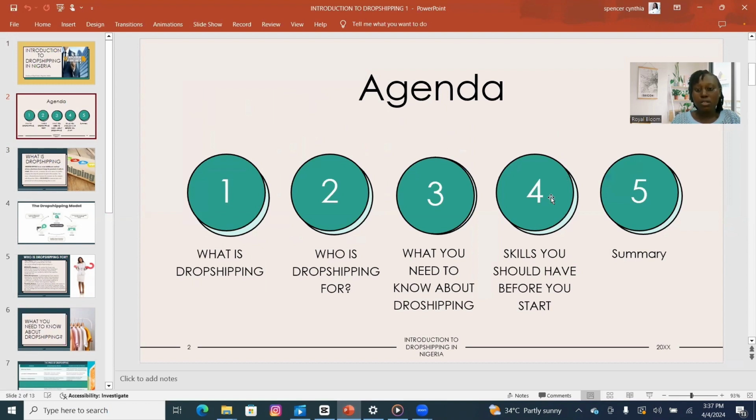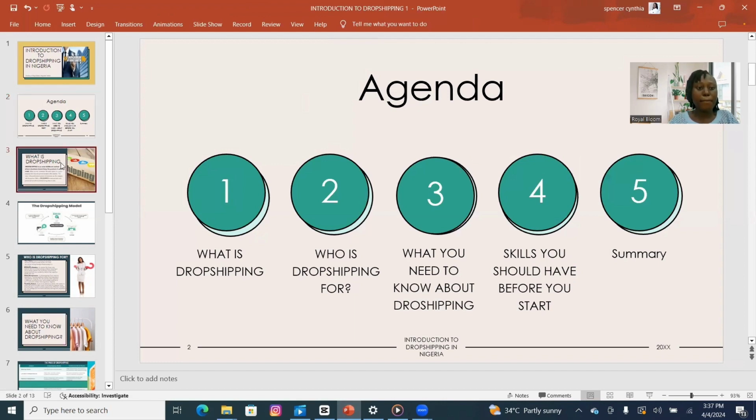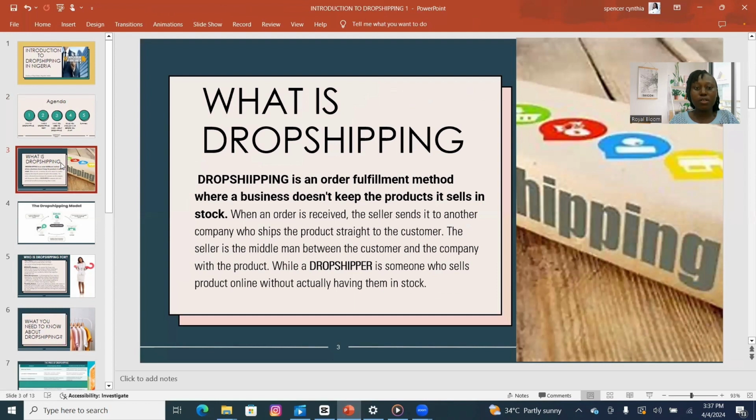We're going to look at everything that we can about dropshipping. Then number two, who is dropshipping for? Obviously, not every business is for everybody, so don't expect it to be for everybody, right? Third, what you need to know about dropshipping. And four, skills you should have before you start. So let's just run through it.